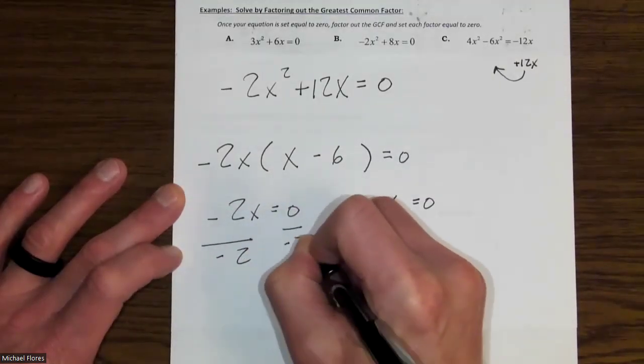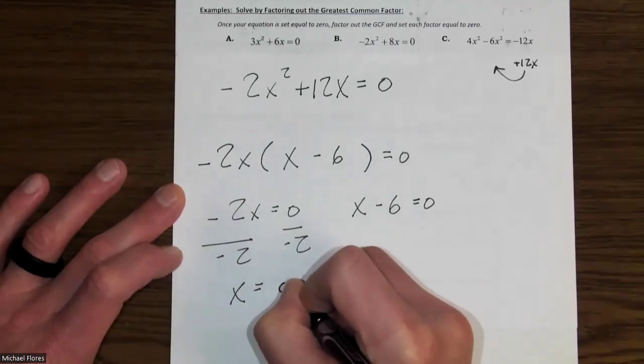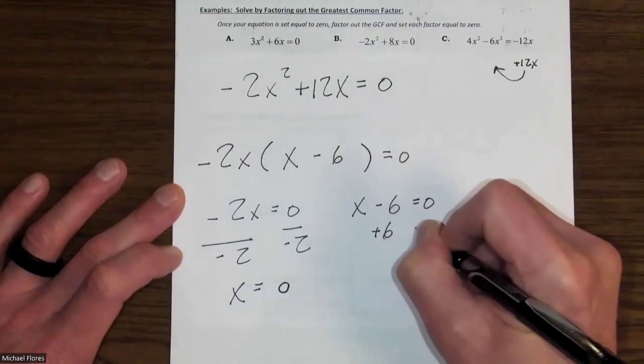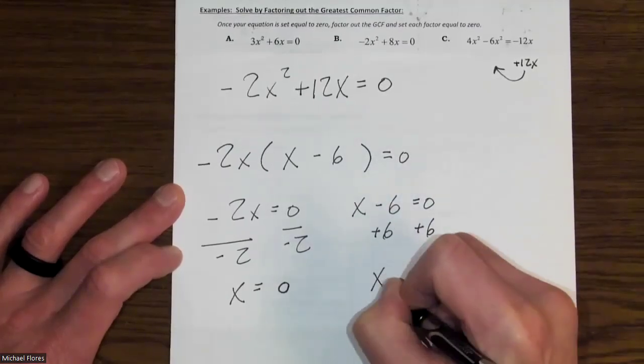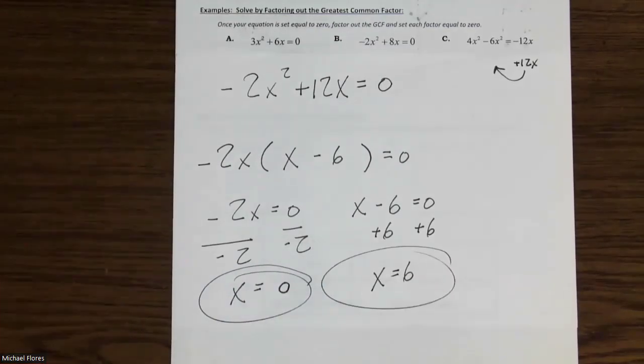Divide by negative 2. 0 divided by negative 2 is 0. Here add 6. X equals 6. We have found our zeros, we have found our solutions, we have found our roots, we have found our x-intercepts.